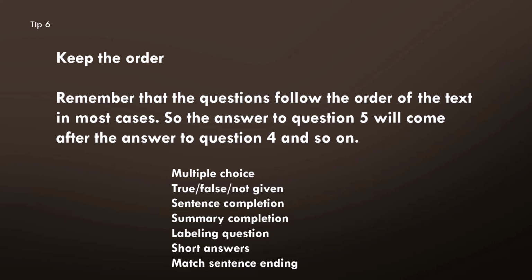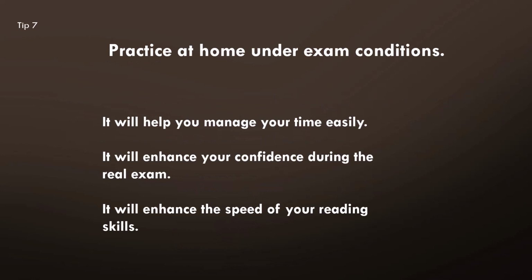So you have to differentiate between the sequence questions and those questions which will not be in sequence. If you are dealing with questions whose answers will be in sequence, and you find the answer of question number one, it means that you don't read that paragraph again for question number 2. Move on. It will save your time and it will help you to find more correct answers.